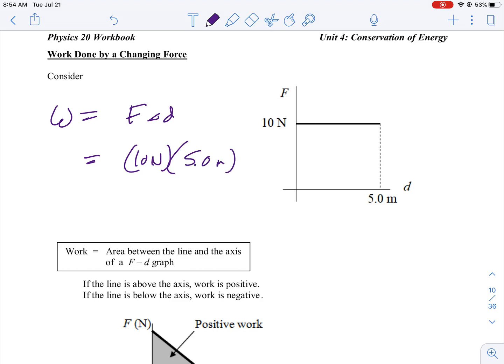But as I've shown you before in the first unit, the 5 meters happens to be the length of that rectangle, whereas the 10 newtons is the width of the rectangle. And therefore, can you see this actually comes out to be essentially length times width, or area.